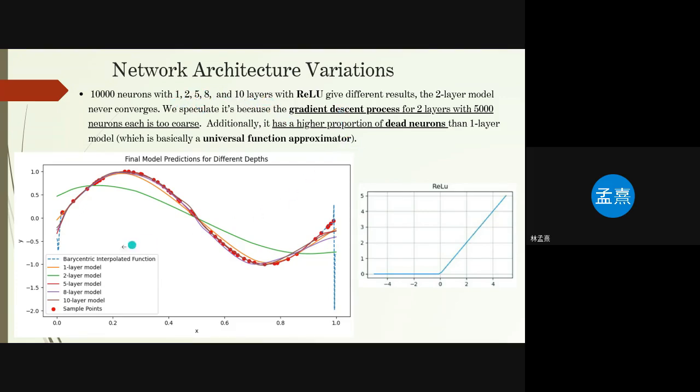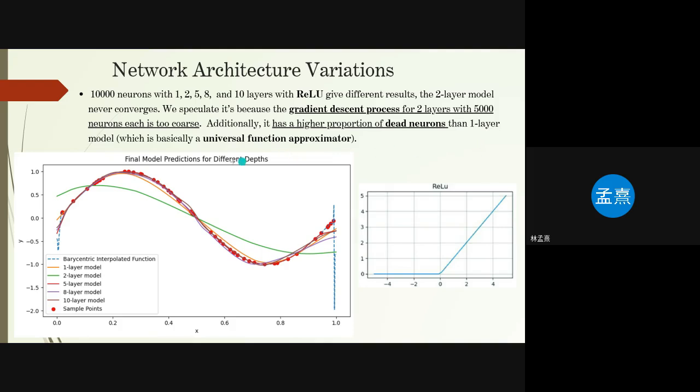And this one is the activation function with ReLU. The two-layer model never converged. We speculate it's because the gradient descent process for 2 layers with 5,000 neurons is too coarse compared to more layers, and it has a higher proportion of dead neurons than the one-layer model.